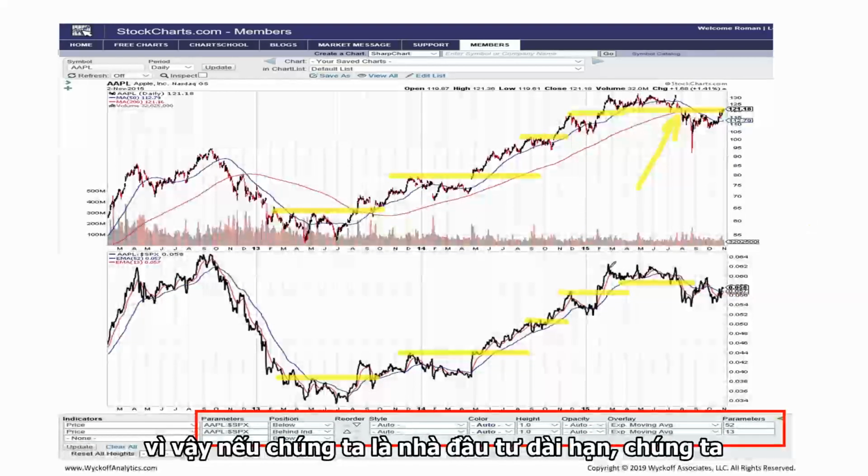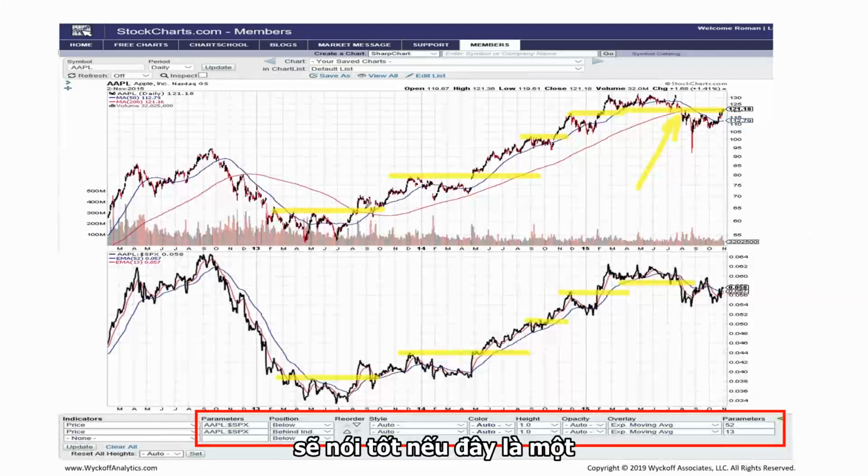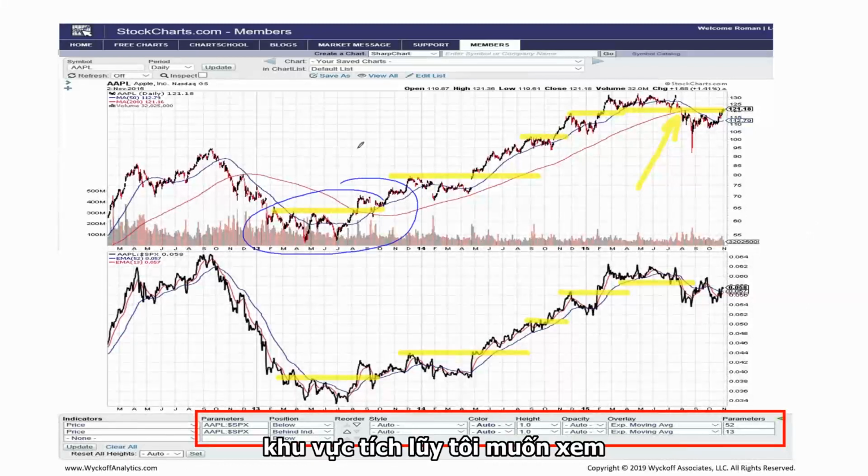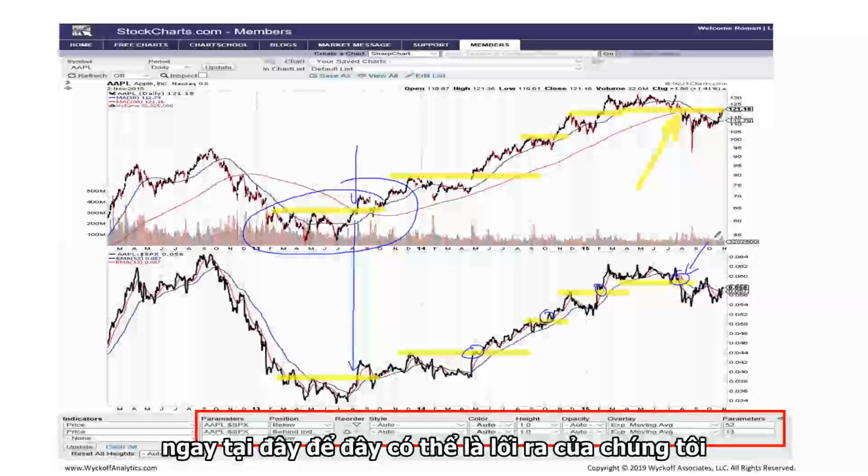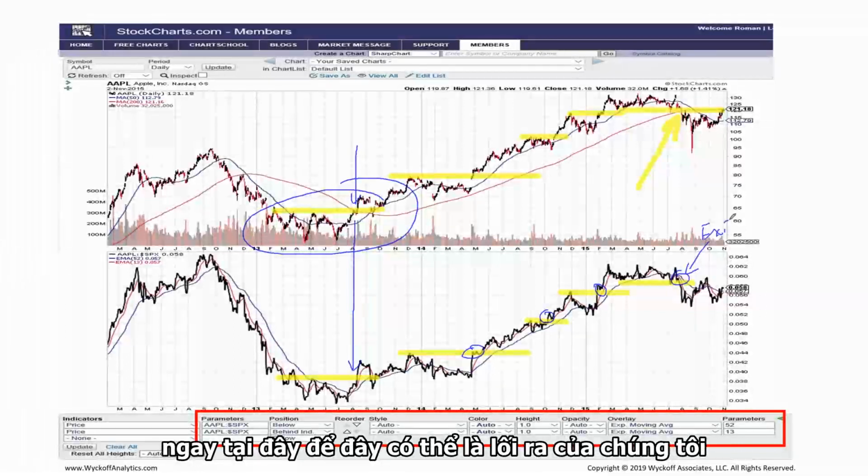So if we were long-term investors, we would be saying, okay, if this is an area of accumulation, I want to see the breakout of the price and the breakout of the relative strength, and follow this pattern until it's broken right here. So this could be our exit.